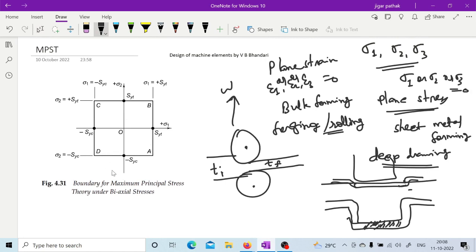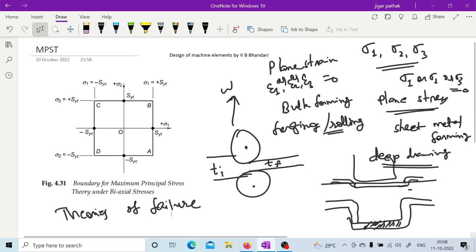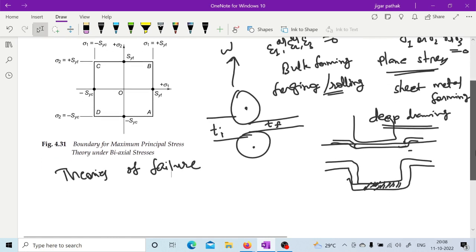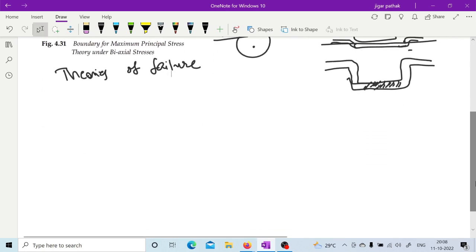So what we are going to see now is the theories of failure, right? There are various theories of failure. Whatever we are going to discuss is the elastic failure theories. Whenever, as we have discussed, there are various types of stresses like shear stress, tensile stress, compressive stress, bending stress, torsional stress, right?